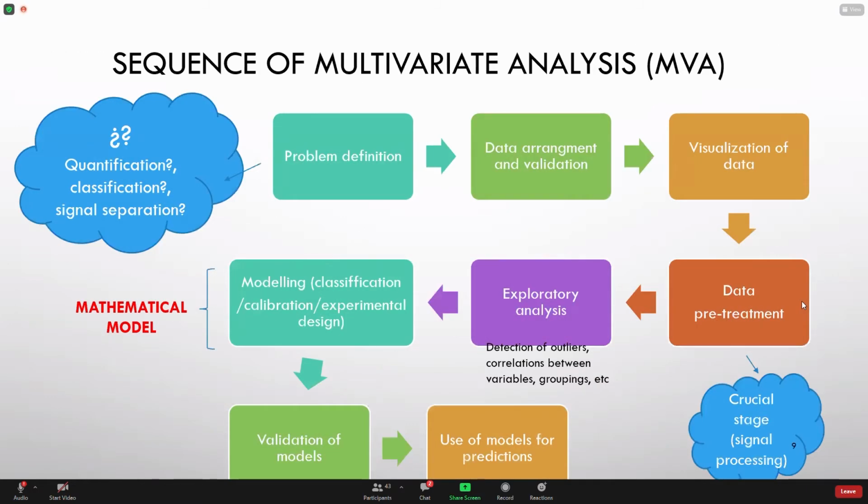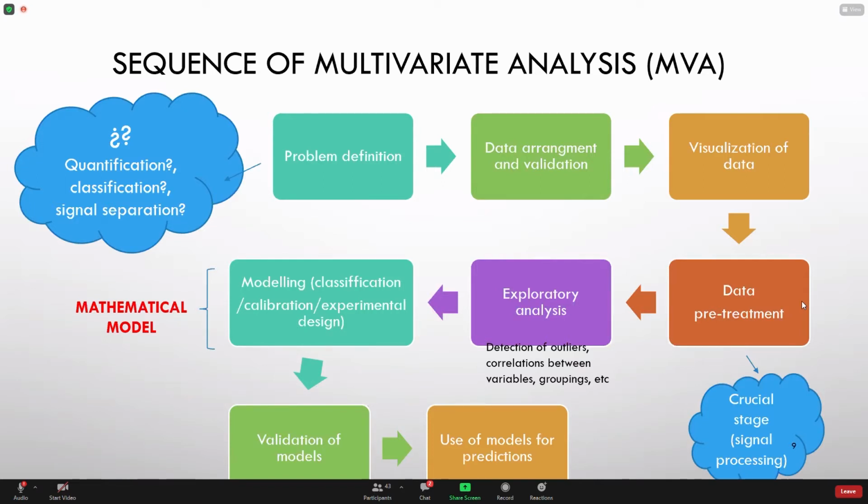Chemometric methods are also known or called multivariate analysis methods. These methods follow a sequence, and this is a suggestion, but we can follow this sequence in order to have better results and see our result at each stage. The first step is the problem definition.